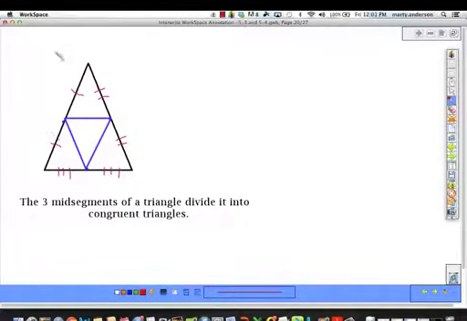Now take a look at this funky one. This distance here is parallel to this distance here. If this is twice as much as this, then this has to be a single ticker. And notice this distance over here, a double ticker and a double ticker. Well, again, this is parallel to that because it's the mid-segment that is opposite of it.